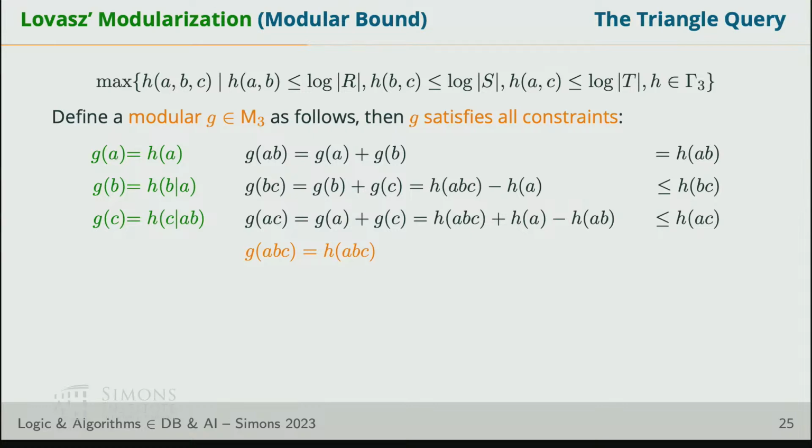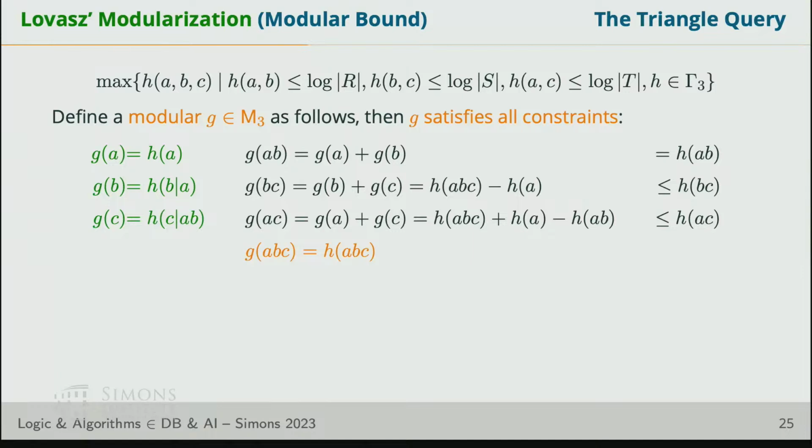So let's define g of a to be h of a, g of b to be h of b given a. This is much like conditional entropy, which means I should probably write something. So h of b given a is equal to h of ab minus h of a.